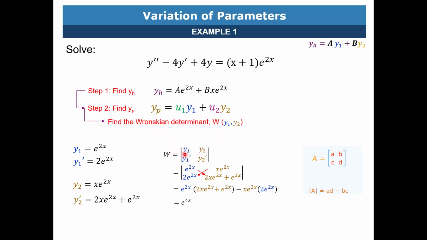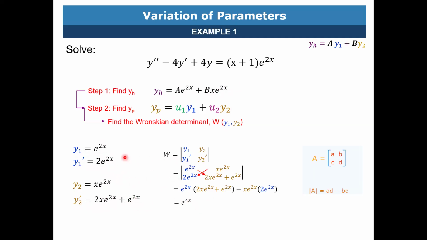First, you have to find y1. You can easily get it from the homogeneous solution. So y1 is e to the 2x, and y1 prime you get by differentiating, which is 2 e to the 2x. Y2 comes again from this part of the homogeneous solution, and y2 prime is 2x e to the 2x plus e to the 2x.